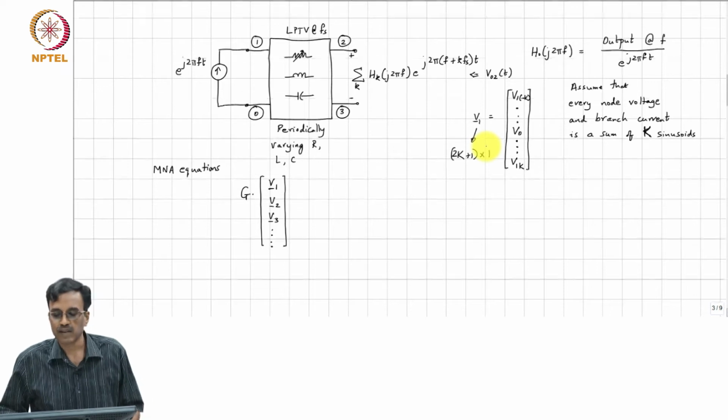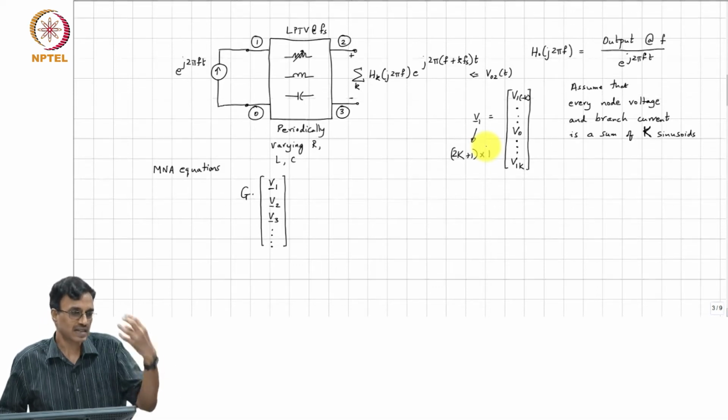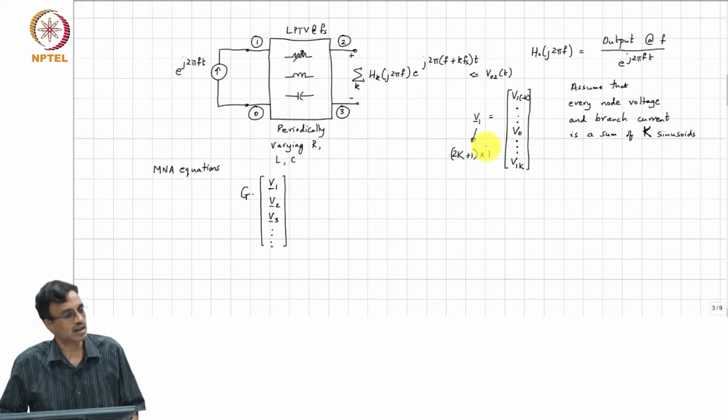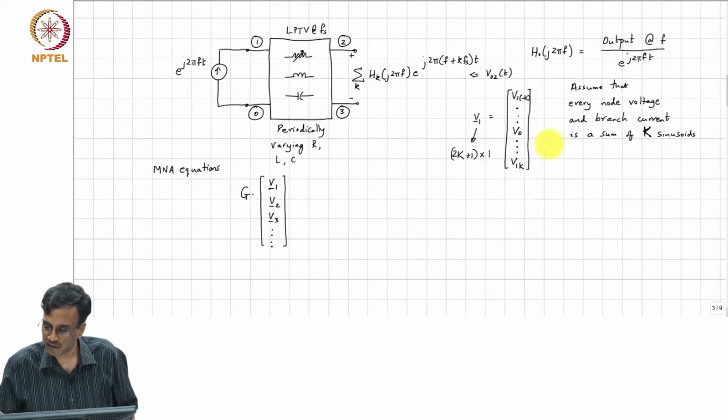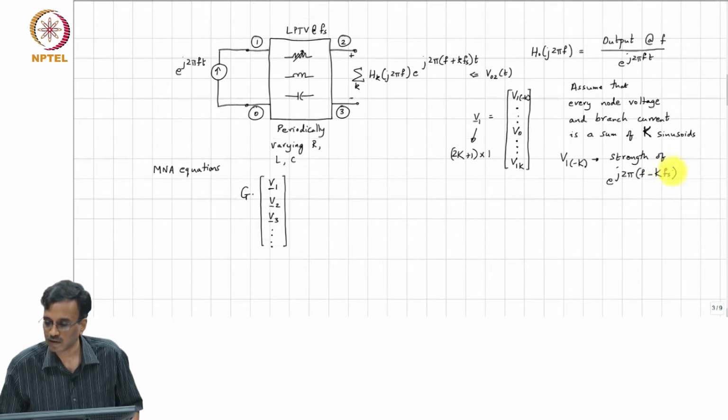So, likewise, every branch current and every node voltage can be expressed by a bunch of 2 K plus 1 numbers, where each number quantifies the strength of that particular tone, right. So, for example, V 1 of minus capital K is basically the strength of the tone e to the j 2 pi f minus capital K times Fs, right.